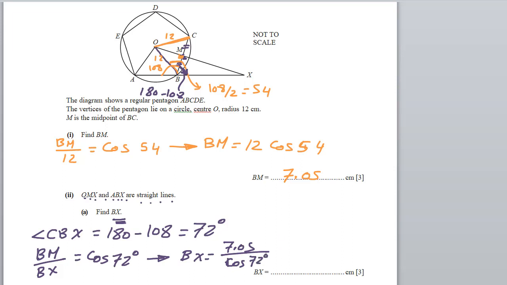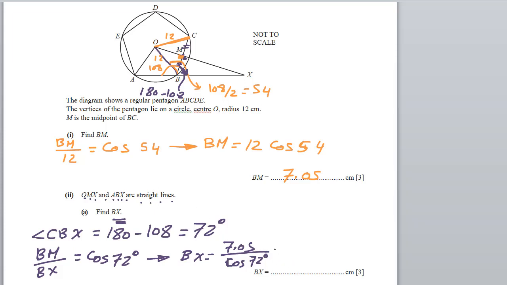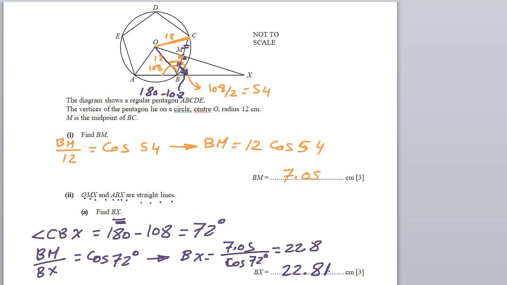So PX is equal to, let's start, 7.05 divided by cosine 72. So 22.8. So this line is 22.8 centimeters.